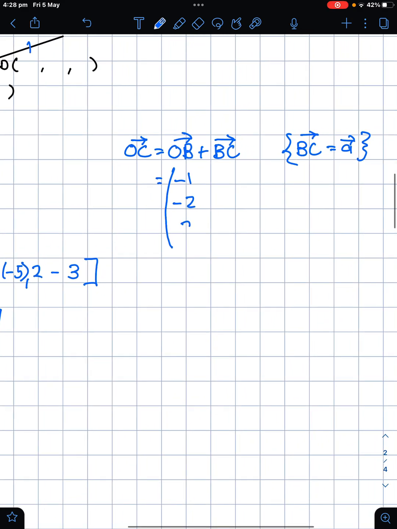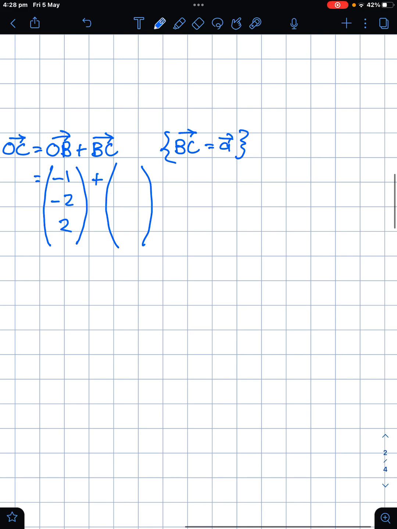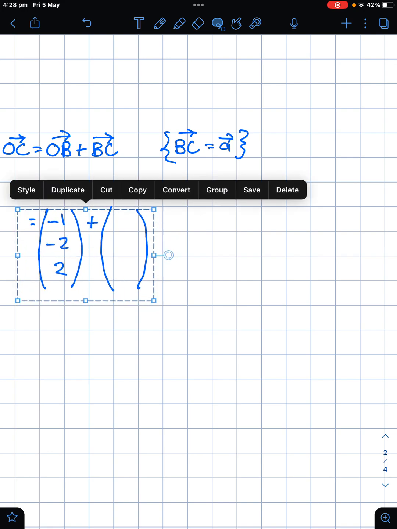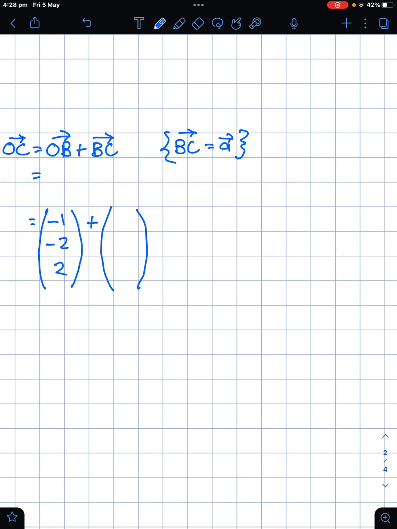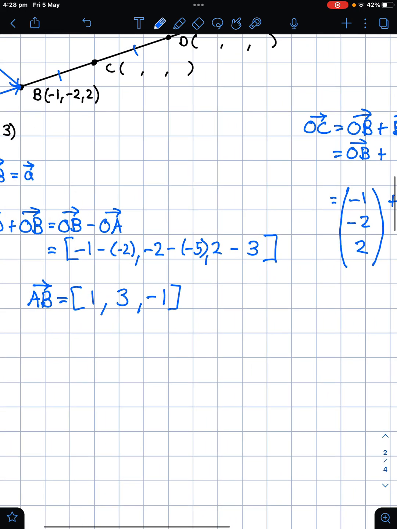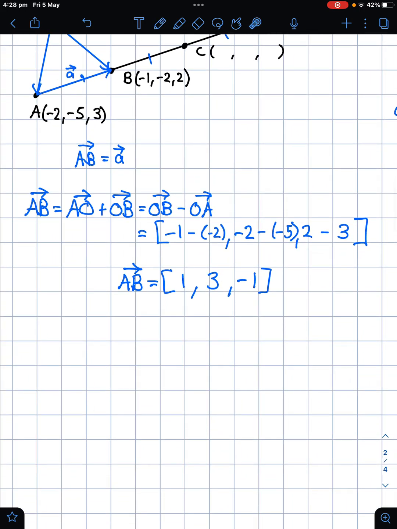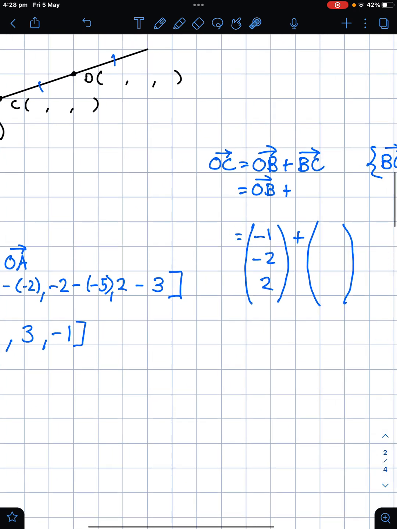So this is our OB vector, and then we're going to add it with BC, which we've said here is going to be equal to OB plus BC, that a vector, which we're just signifying with a.